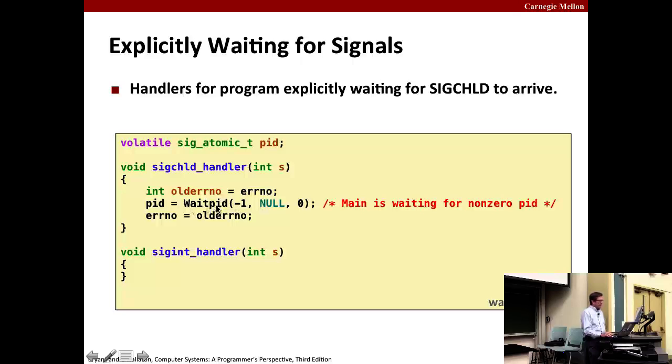When we reap that foreground job, we could set this global flag, we could declare this process ID variable, pid, as a global flag, and then just assign the process ID of the foreground job. Okay, so this is an example of a handler. All it does is sets a flag and then exits.